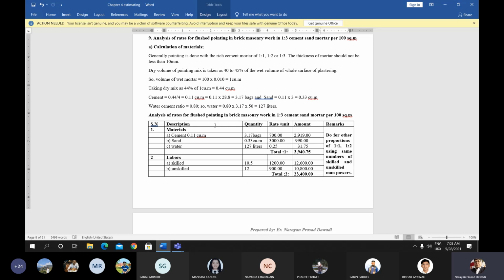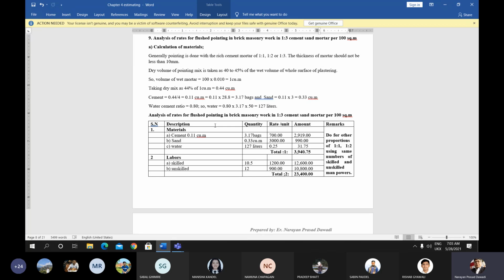Pointing is used to provide the decorative look of the masonry work, or it may be used to provide extra strength to the joint of the masonry work. That's why pointing and plastering are both finishing work of the masonry work.